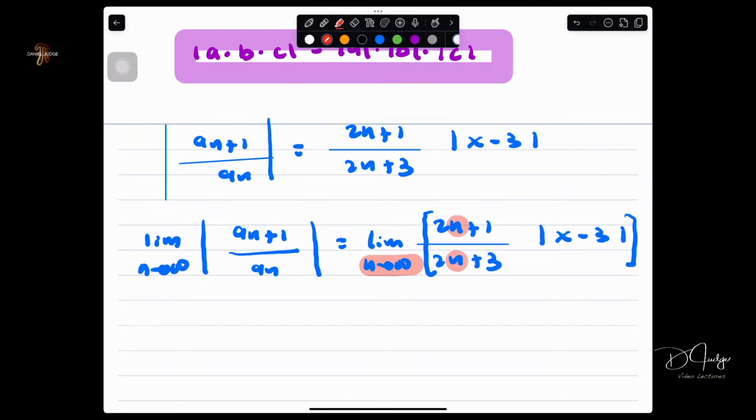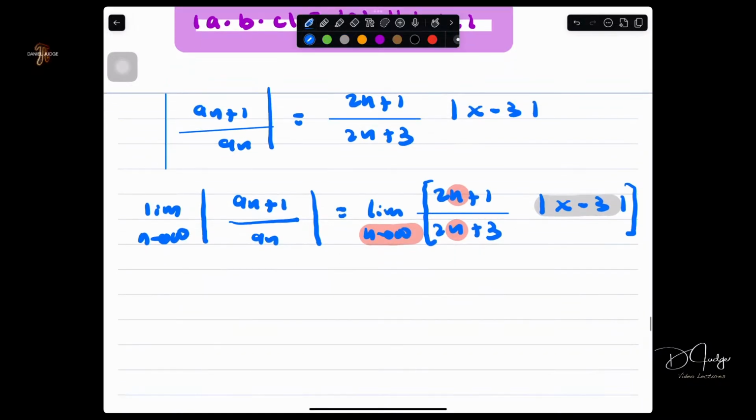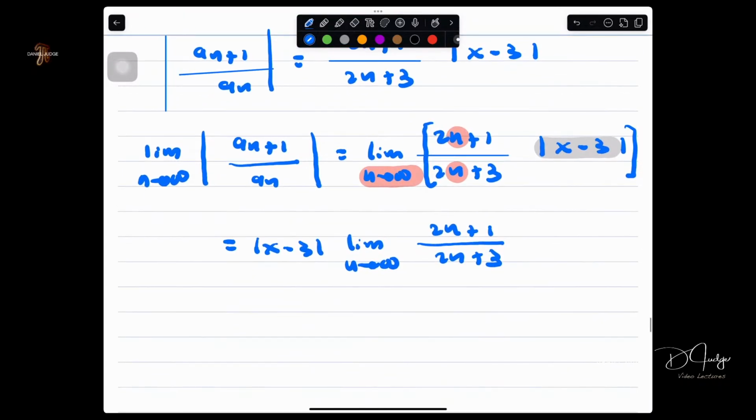So we're applying the limit here. We can think of the absolute value of x minus 3 as a constant, so we can pull that out. You now have the limit as n goes to infinity of 2n plus 1 over 2n plus 3. So this limit again will be 1.